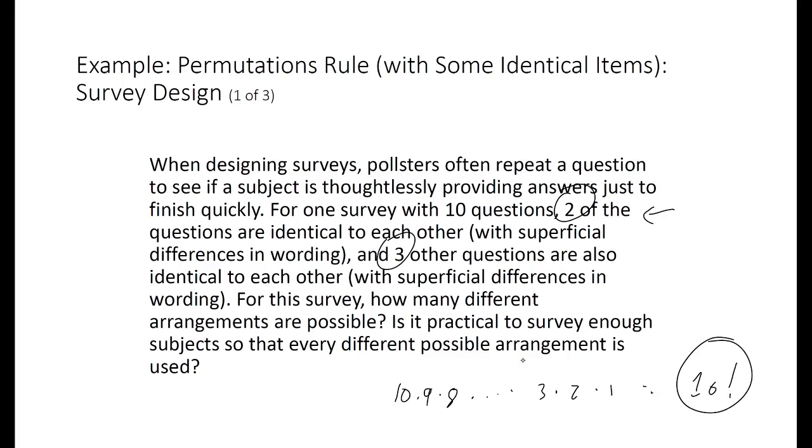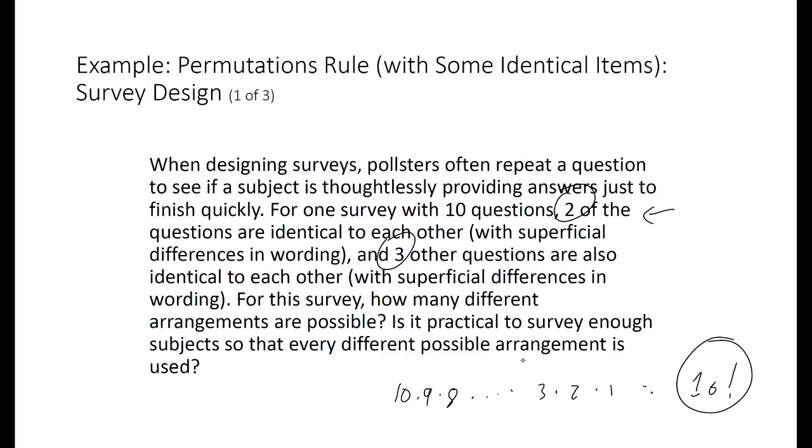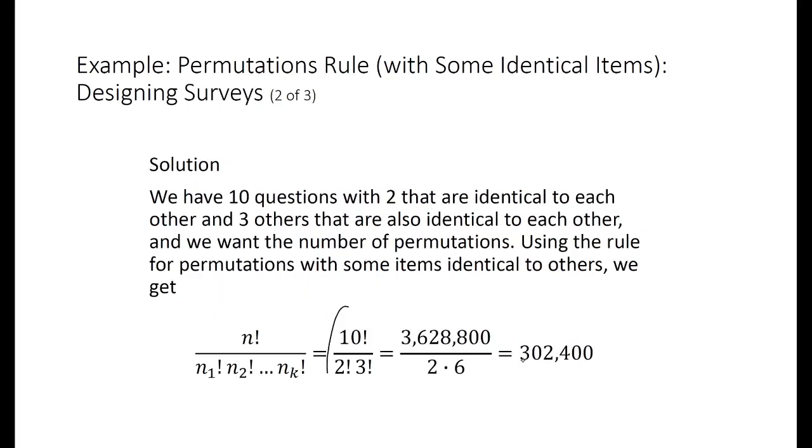But now we are given that 2 of the questions are identical and 3 of the other questions are identical. Now we can use this rule. How many different ways can we create the questions? That is 10 factorial divided by 2 factorial times 3 factorial, because 2 questions are identical and 3 other questions are identical. So 10 factorial divided by 2 factorial times 3 factorial gives us 302,400 different ways we can make those 10 questions.